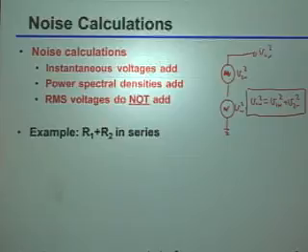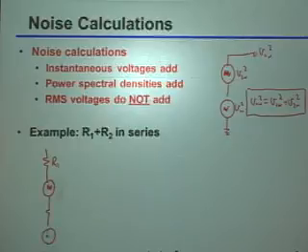Okay, so similarly, let's take another example. Let's say I had two resistors in series. Okay? So let's say R1 and R2 here, right? Okay, so what would be the noise voltage due to R1?